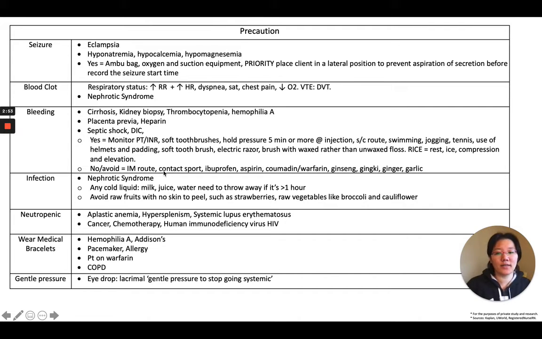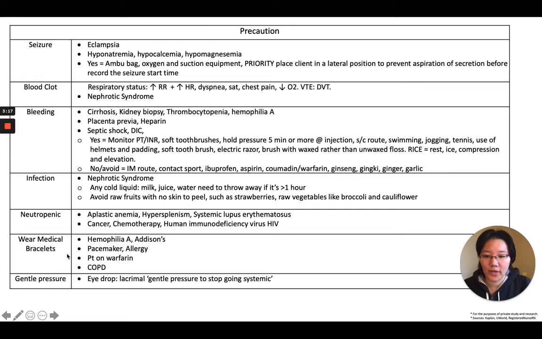The exam could say the patient has hemophilia and there's a prescribed IM medication due now. What would you do next? The answer is to hold it because there is a risk of bleeding, so we need to notify the doctor.